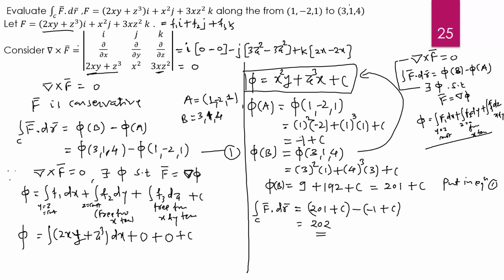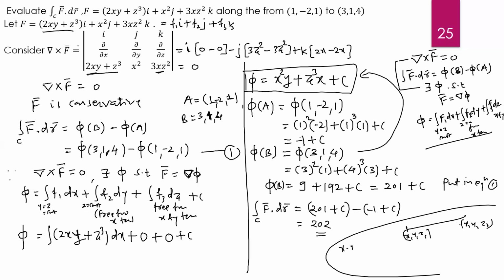Suppose we solve this integration using the straight line formula. We know that, suppose these are (x1, y1, z1) and (x2, y2, z2), then (x minus x1) divided by (x2 minus x1), (y minus y1) divided by (y2 minus y1), (z minus z1) divided by (z2 minus z1) is equal to t.